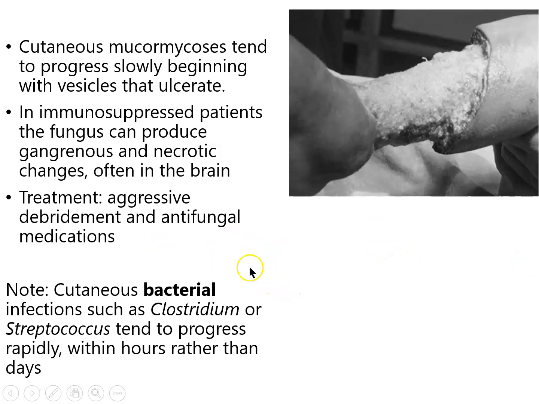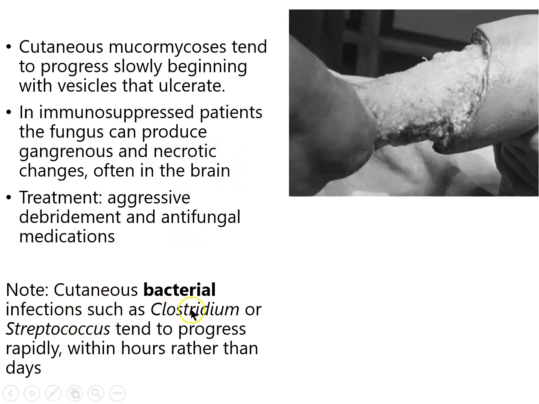So the only way to treat that would be removing tissue very quickly and using antifungal medications. If you see in a patient quickly spreading gangrene or tissue necrosis, it is important to have an idea of what's causing it, because you'd use different drugs to treat bacterial gangrene versus fungal gangrene.